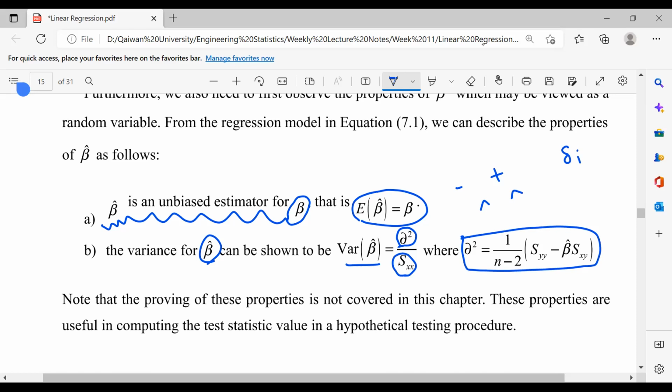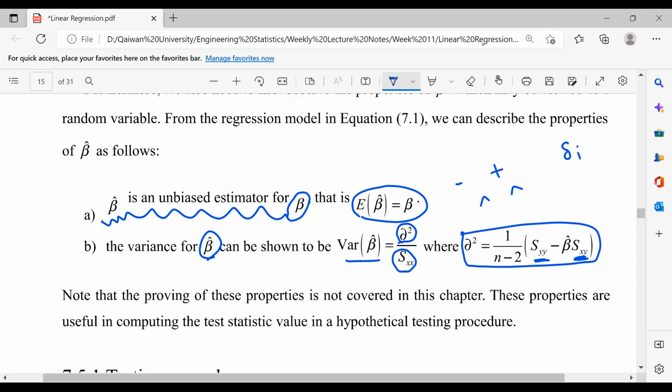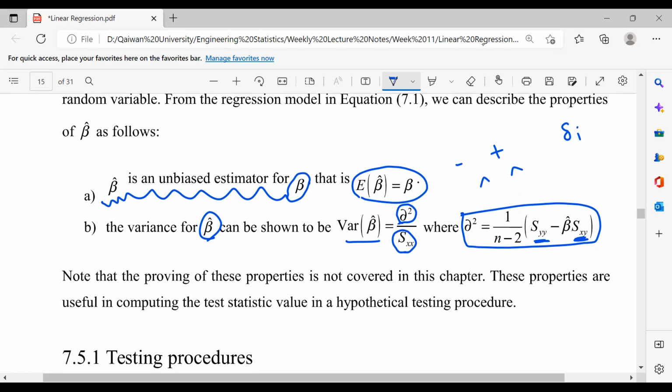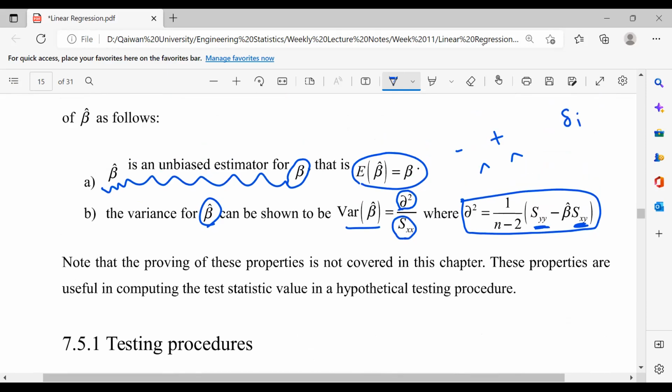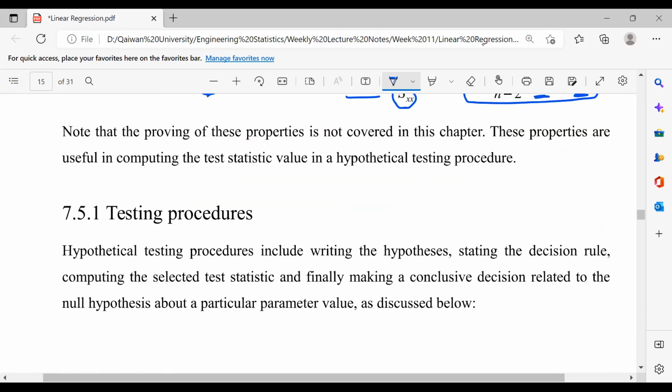Sigma squared is 1 over n minus 2 times S sub yy minus beta hat S sub xy. We need to find S sub yy and also S sub xy. And we multiply, and we find the difference of S sub yy and beta hat S sub xy. Then we divide by n minus 2, we get sigma squared. And then we divide by S sub xx to get the variance of beta hat.